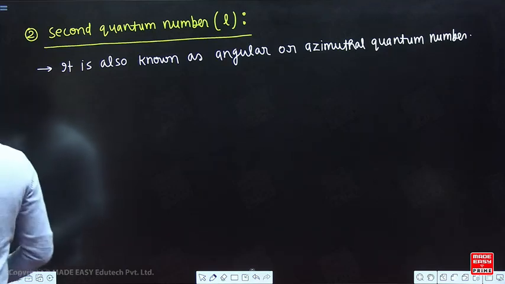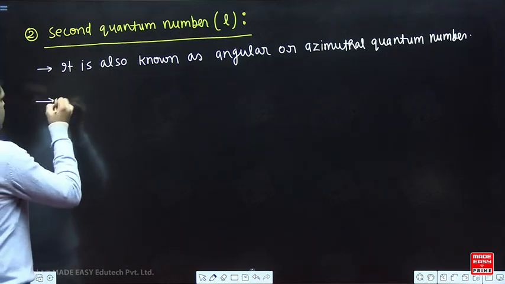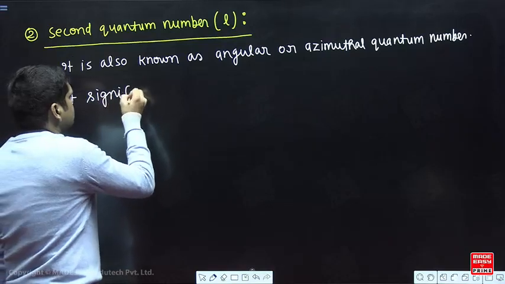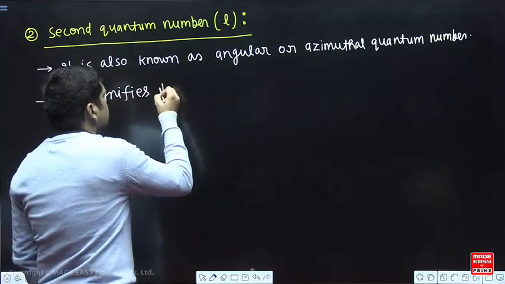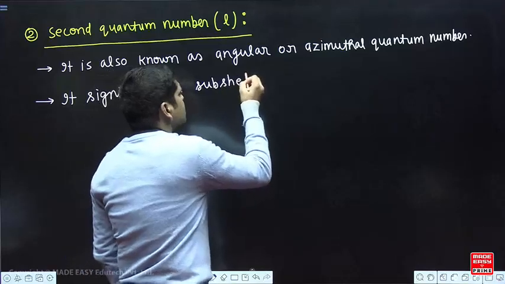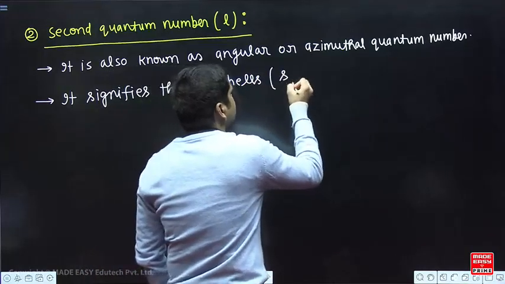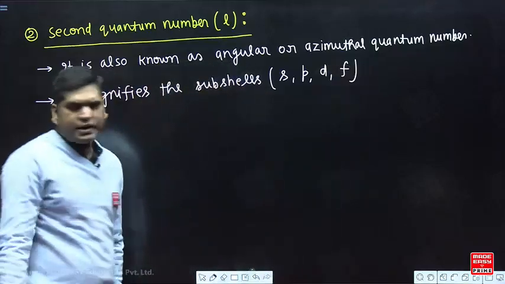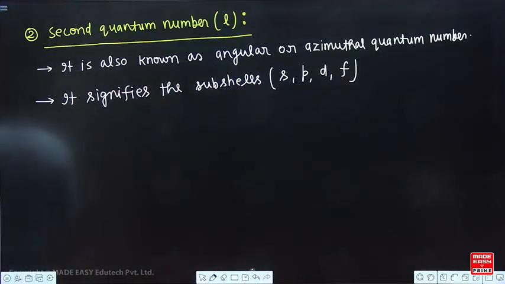It signifies the subcells. What are subcells? Subcells are S, P, D, F. So second quantum number signifies subcells.